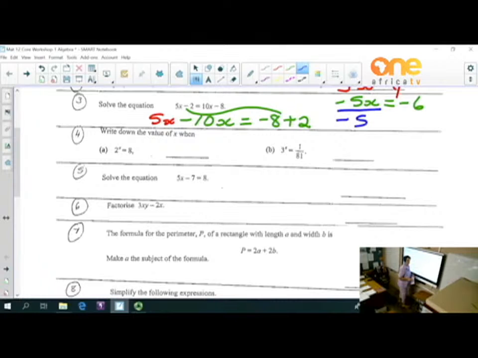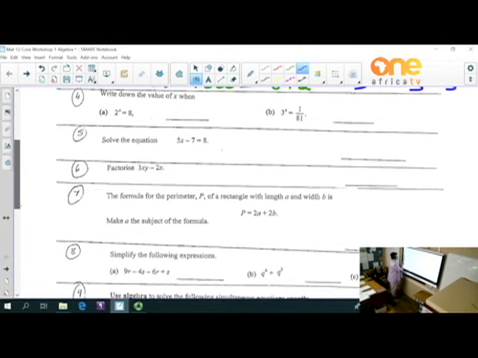The coefficient is that one number that stands next to x, the coefficient of x. And what you do on the one side, you must do on the other side. And the final answer is then 6 over 5, or you can say 1 1/5. Both answers will be acceptable.